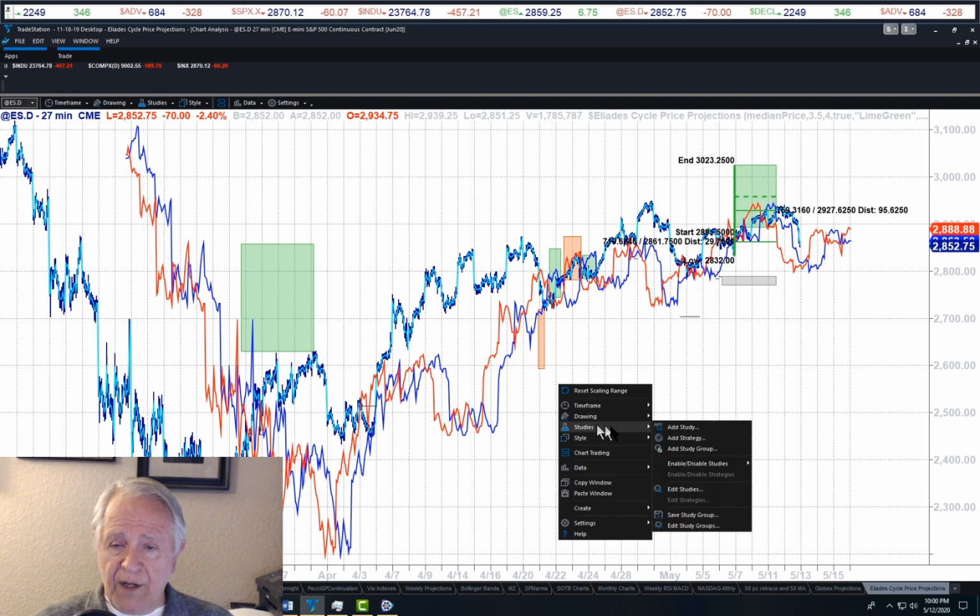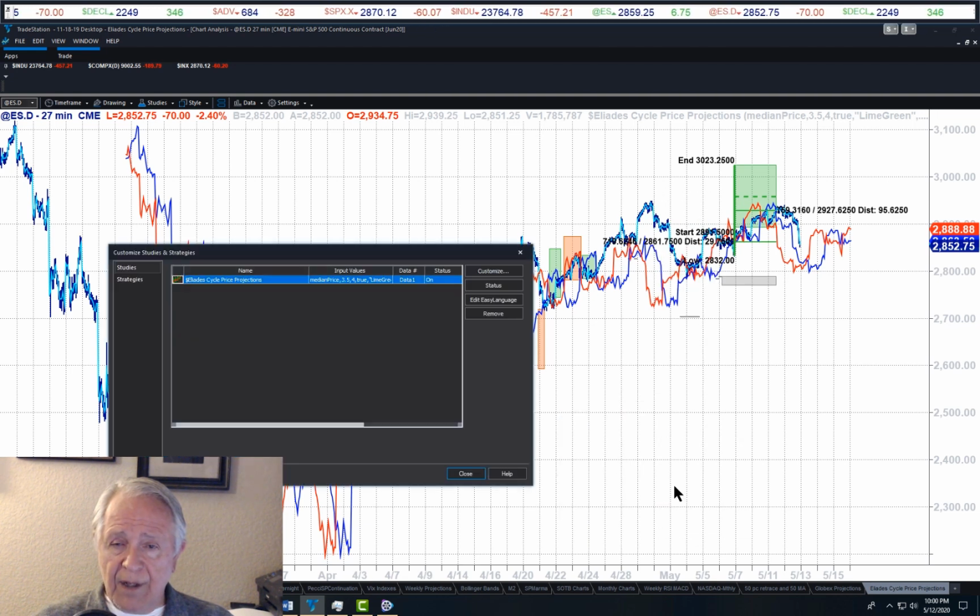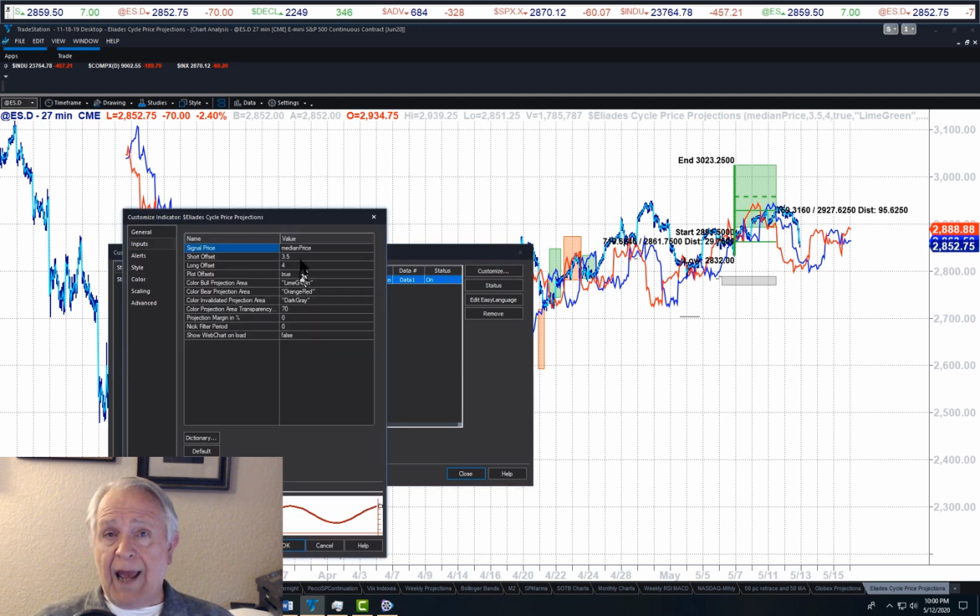We want to go to Studies, Edit Studies, and if we look at the indicator to customize it, it still says 3.5 to 4. Okay? So you don't change the inputs by right-clicking on the lines and putting them into your chart. Stefan told me that I don't know if it's impossible to do, but it's difficult to do. And there's no need to do it really, as long as you're aware of that difference. This is still within the inputs here, 3.5 to 4 in terms of the offset, okay?